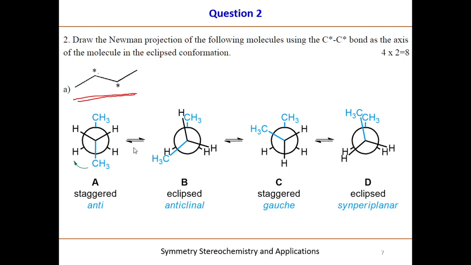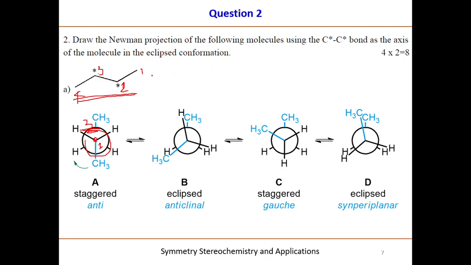You can see this is carbon 1, 2, 3, 4. So I am giving 2 and 3 to the star carbons. The front carbon is 2 and the back carbon is 3.